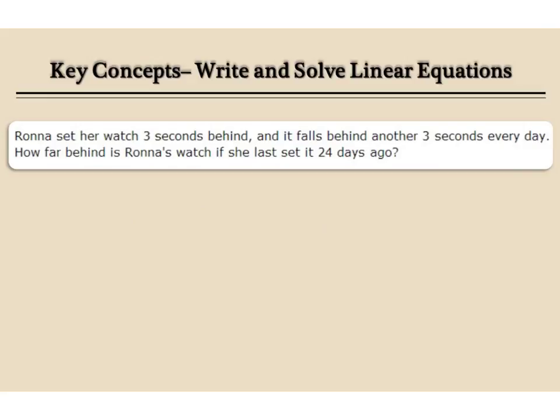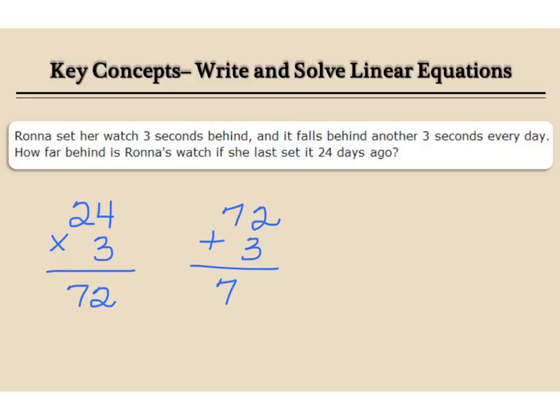I'm not going to write an equation on this one, but I'm going to start with she did it 24 days ago, and it falls behind 3 seconds every day. So that's 72 seconds. But she set it 3 seconds behind originally. So I'm going to take 72 plus the 3 she did originally. So her watch is 75 seconds behind.